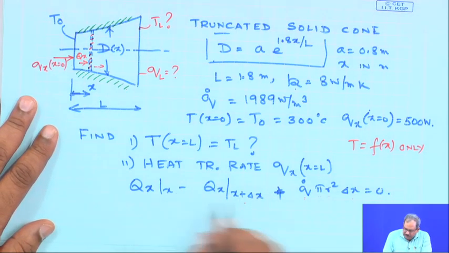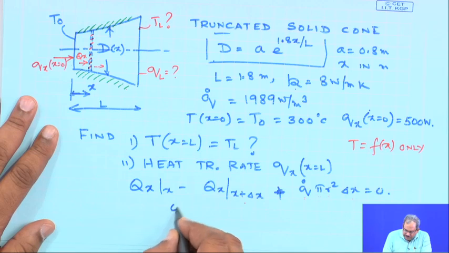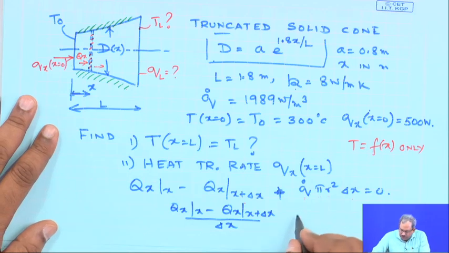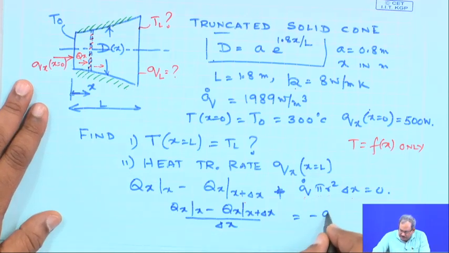Once you divide both sides by delta x, that means Qx at x minus Qx at x plus delta x, divided by delta x, should be equal to minus q dot pi r square.